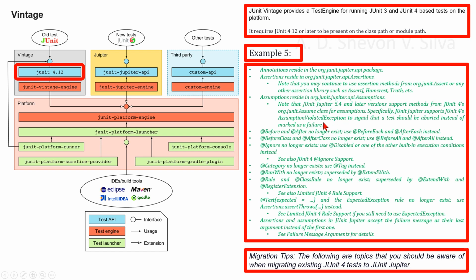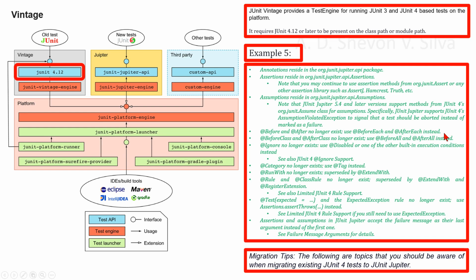Note that JUnit Jupiter 5.4 and later versions support methods from JUnit 4's org.junit.Assume class for assumptions. Specifically, JUnit Jupiter supports JUnit 4's AssumptionViolatedException to signal that a test should be aborted instead of marked as a failure.